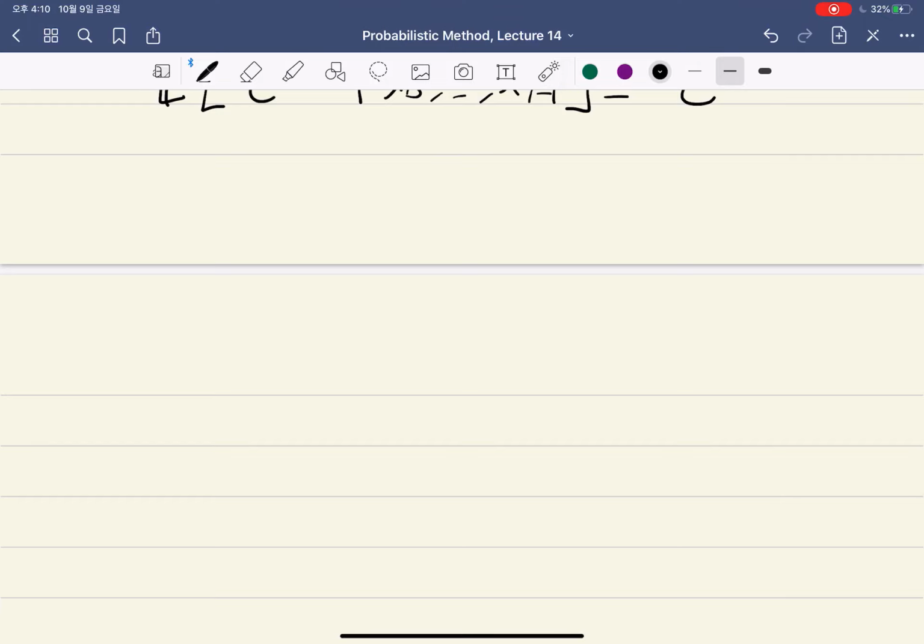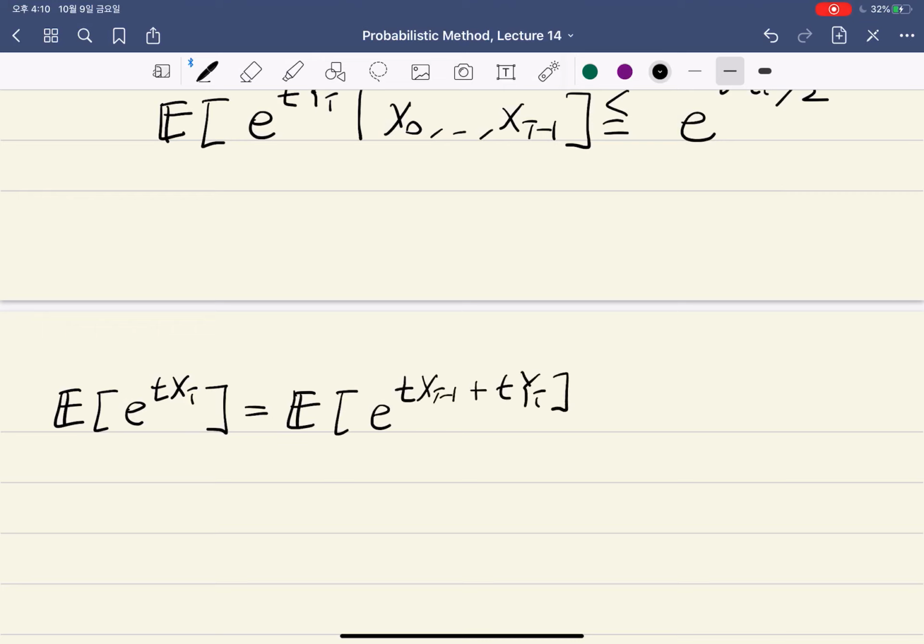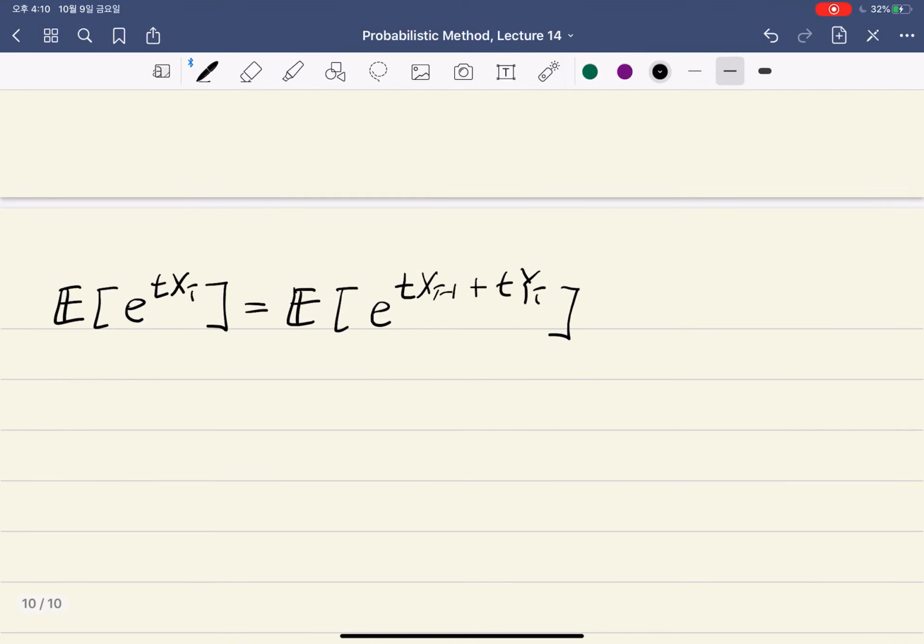Moreover, what's the expectation of e to the t xi? Which is the same as this. And what's this expectation in here? In here, we consider all the possible values of x1, x2, x3 and so on.